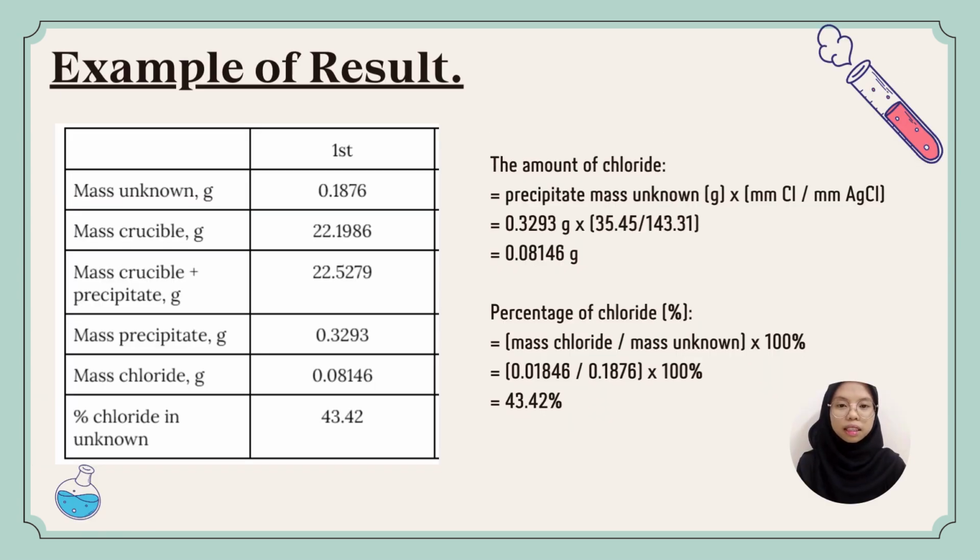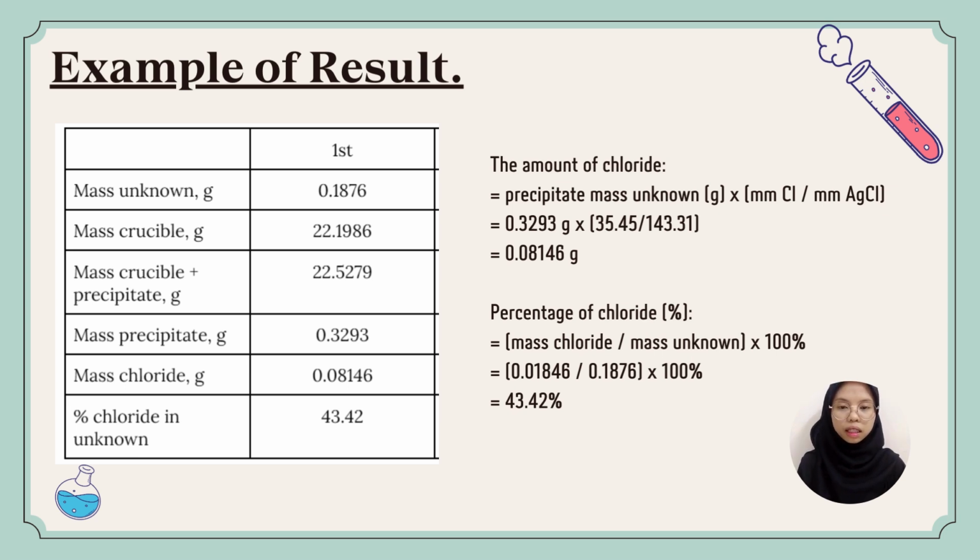This is an example result of gravimetric determination of chloride. In the chloride analysis, the amount of chloride in the anion sample was determined by multiplying the precipitate mass of the anion with the ratio of chloride atomic mass to silver chloride molar mass, resulting in 0.0846 gram of chloride.